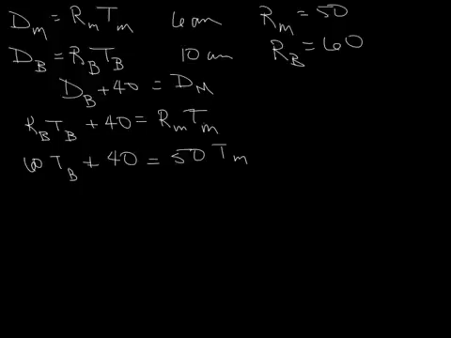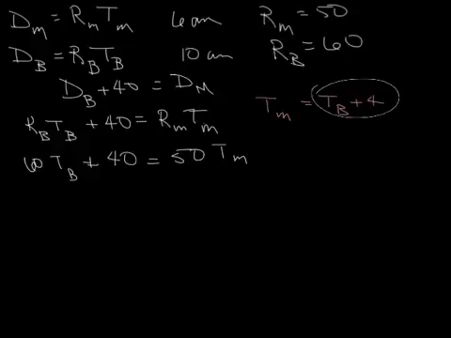So what do I know? I know that Millicent started 4 hours before Beauregard. So the time that she was on the road was longer than Beauregard's by 4 hours. So if we take Beauregard's time and add 4 hours to it, then they become equal, right? Because hers was 4 hours bigger. Alright, so now whenever we see a TM, we're going to put that in its place.